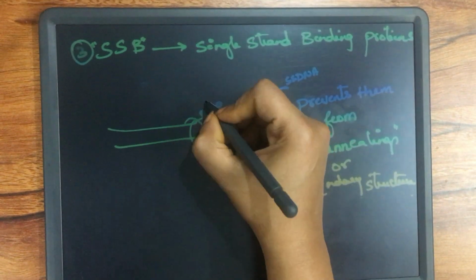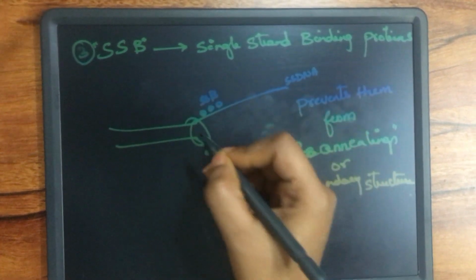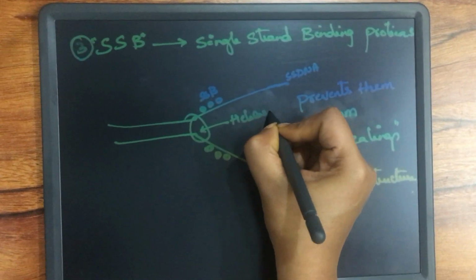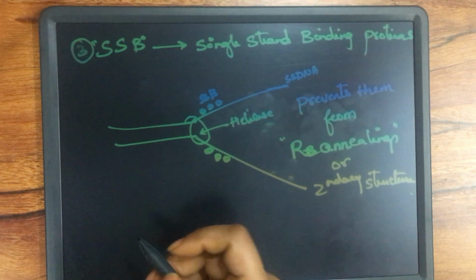Okay, so the SSB protein comes in and joins here. This is helicase, which is breaking the hydrogen bonds of the double-stranded DNA into single-stranded DNA.